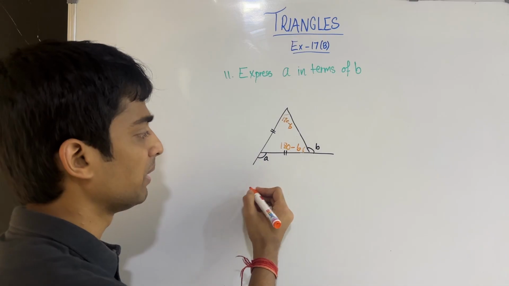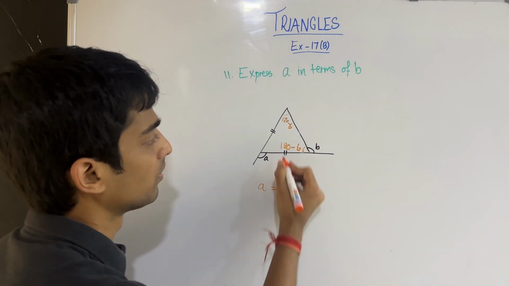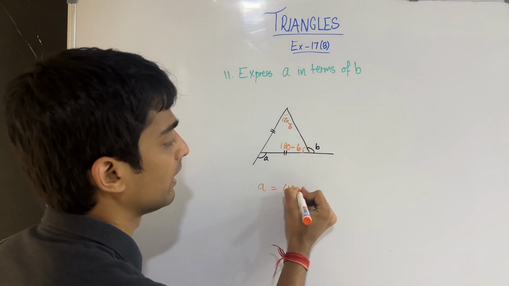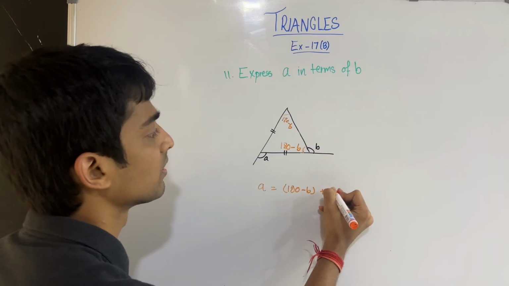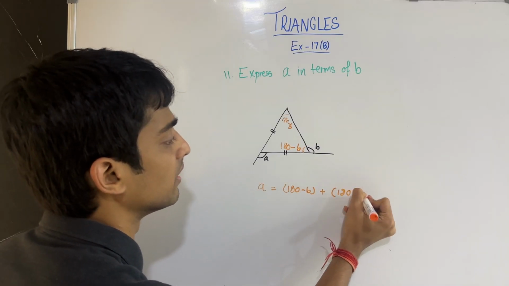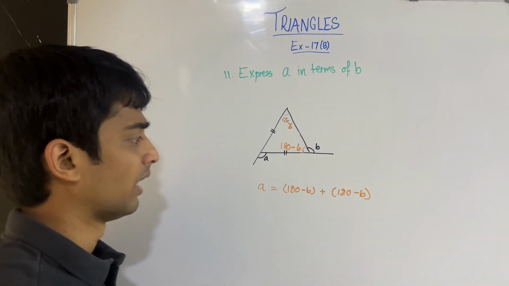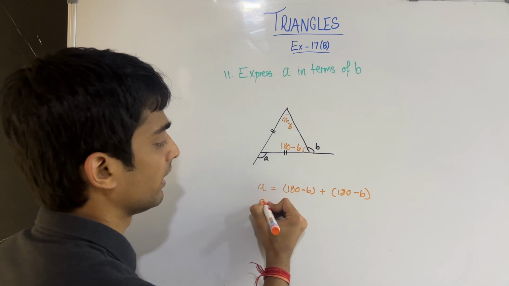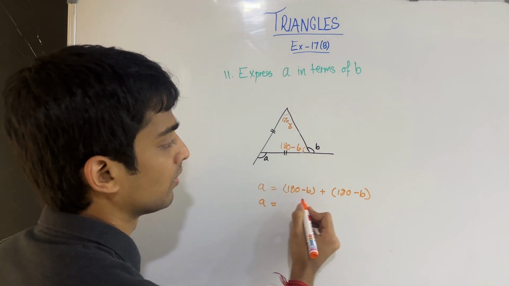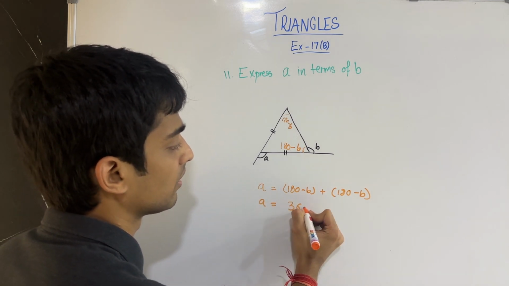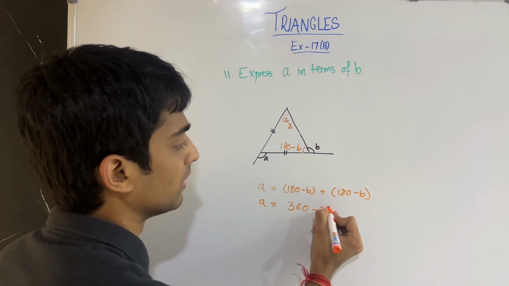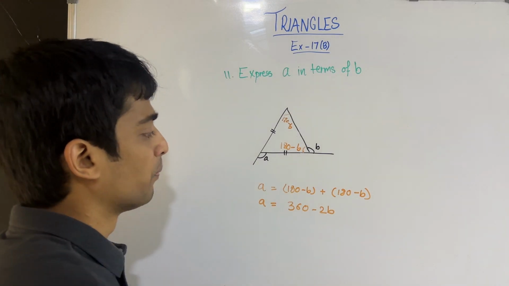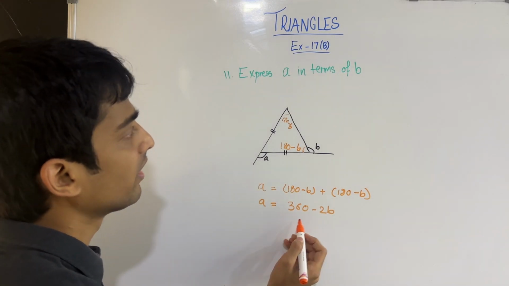So we can simply make an equation, A is equal to this plus this. So 180 minus B plus 180 minus B. Now let's open the brackets. So we get A equal to 360 minus 2B. So we have expressed A in terms of B.